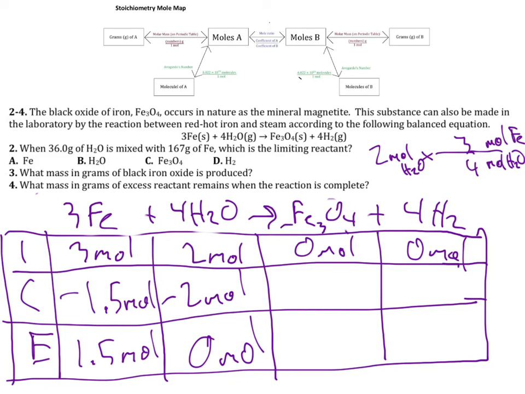So that means 1/4 of these moles will be produced. So you end up with 0.5 moles. Here, this is a 4-to-4 ratio, so it's like a 1-to-1 ratio, so you end up with 2 moles being produced.